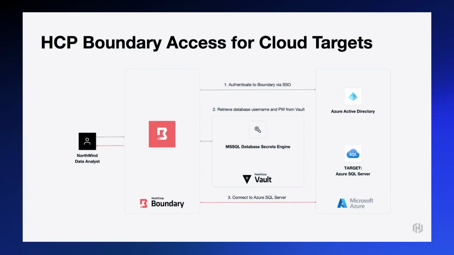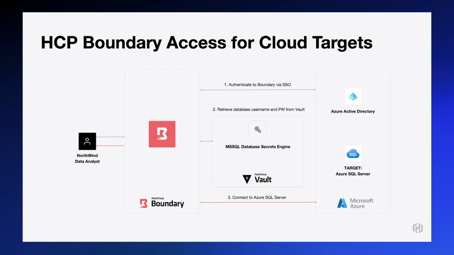For our demo, we have the Northwind product line. Recently, we had 4 new data analysts join our company, and they will need access to sales data on Azure SQL Server in order to generate business dashboards for campaign planning. In this demo, I will take the role of Boundary administrator who wants to configure role-based access to the SQL Server for the data analysts in a way that doesn't expose the underlying network or credentials for the database.